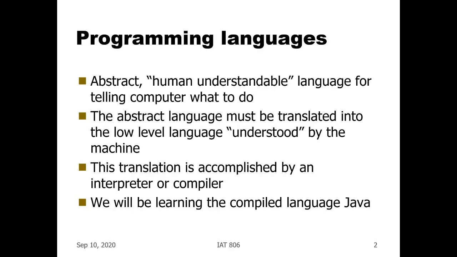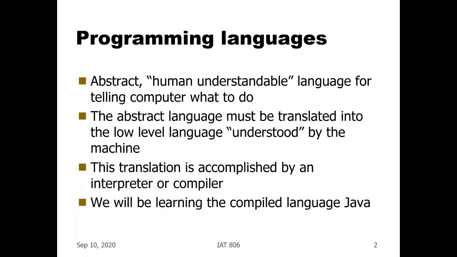So what we're going to learn about is doing programming using a programming language. And we'll talk about the details of how the language works shortly. But in general, programming languages are abstract, so-called human understandable languages for telling a computer what to do. Now, in truth, people can understand all sorts of languages if they really set their minds to it.